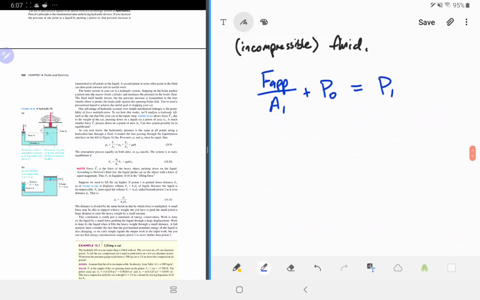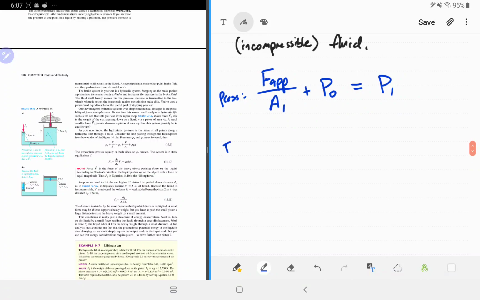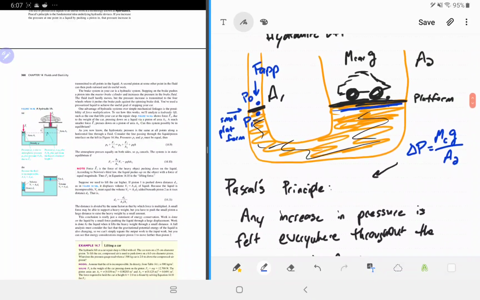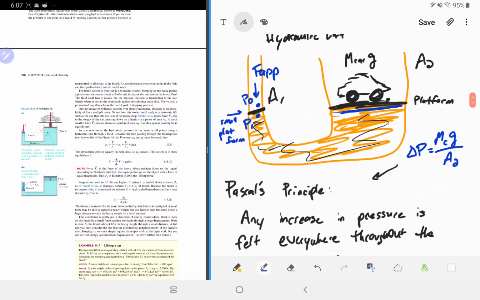In terms of forces, it's the same sort of analysis. So F applied plus P0 A1. I'm basically just taking the pressure equation and multiplying by A1. And this way of looking at it, it's the two forces that are pushing down: the applied force and then the atmospheric pressure pushing down on the small platform.